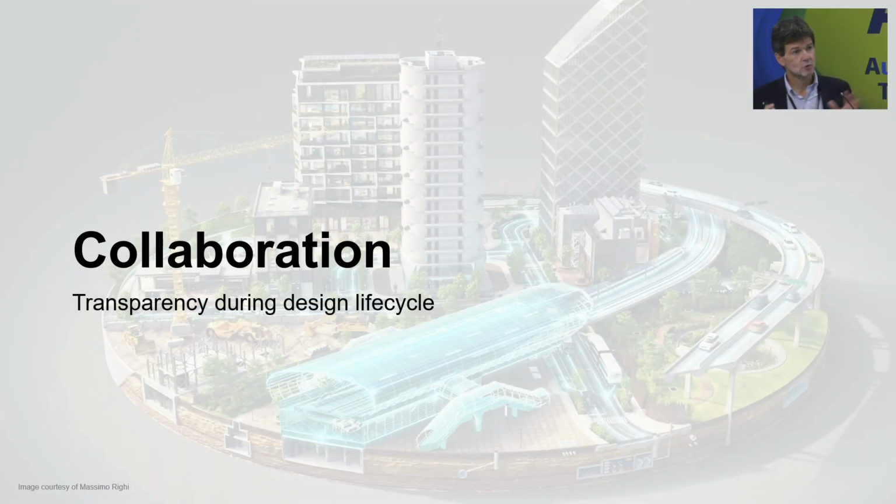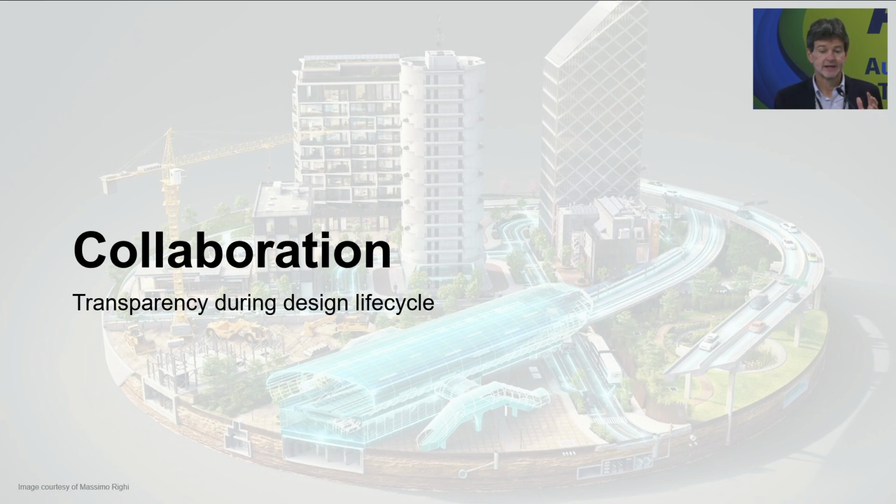So let's move from this digital twin, which is the final result, to the beginning, to the design phase. We believe that collaboration is a very important part because of the transparency. We believe that cloud helps you to make processes more transparent and to understand what's going on.